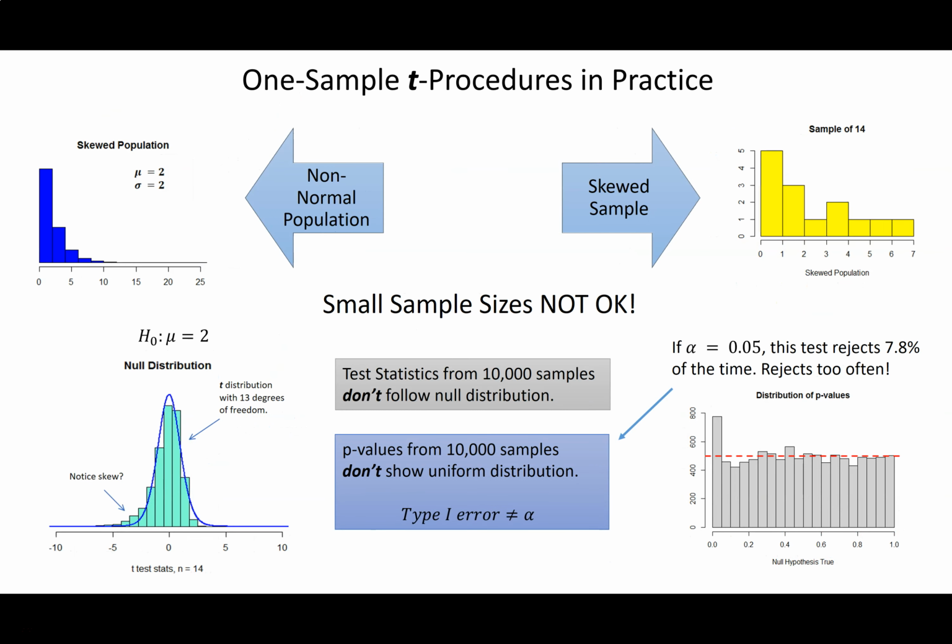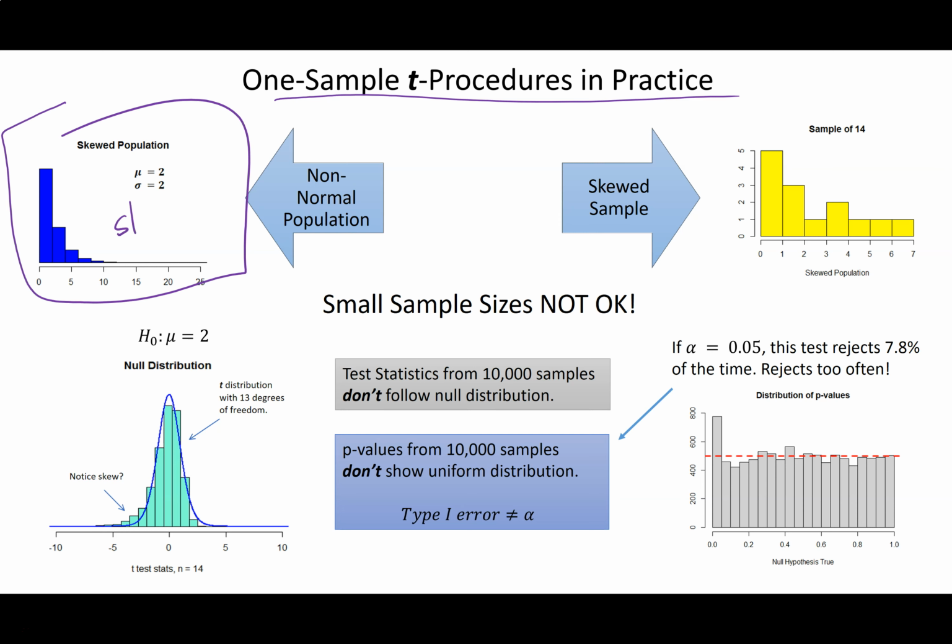But here's a one sample T procedure where our population is not normal. It's very skewed. It's not only that, it's skewed right, because our tail is on the right. So when you take a random sample, it's a skewed right random sample as well. It is not approximately normal, and 14 is pretty small. So this is not going to be okay.